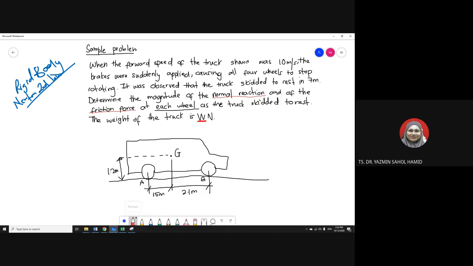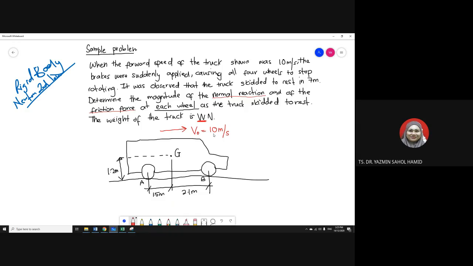What does 10 meter per second mean? Dia punya speed kan? So dia punya V0. So dia bergerak ke kanan dengan V0 berapa? 10 meter per second. Okay, the brakes were suddenly applied.